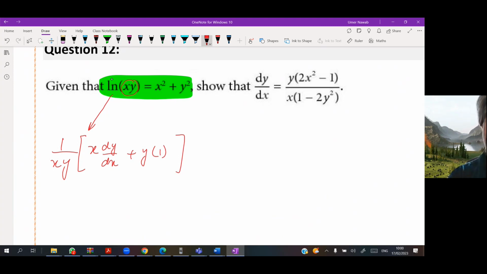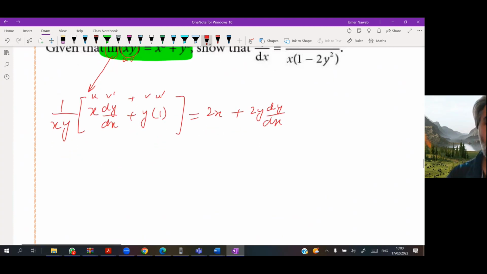First I hit ln, which gives the reciprocal of the argument, and then the further derivative of the argument, which was a product rule. So I applied u v prime plus v u prime. I did it. And then x squared gives 2x, and y squared gives 2y dy by dx.